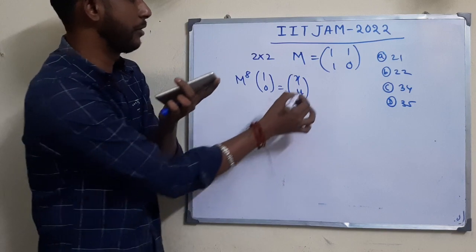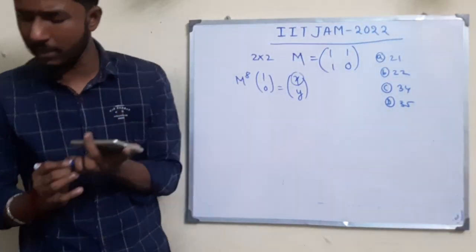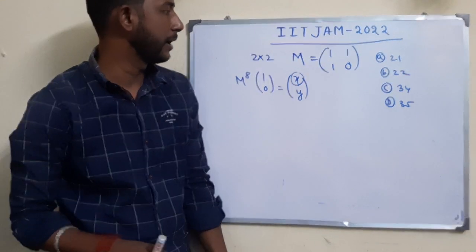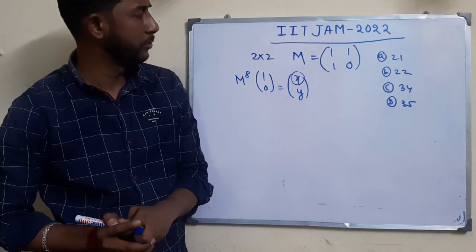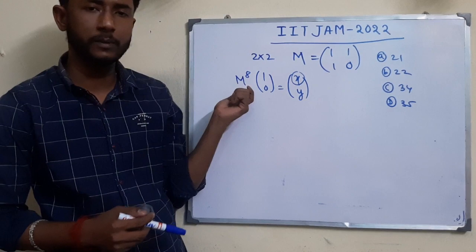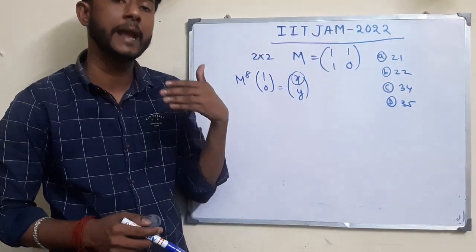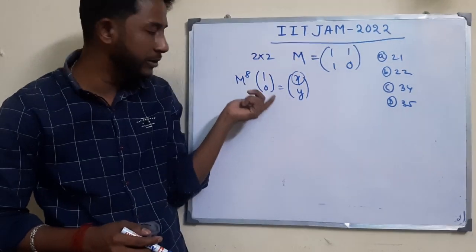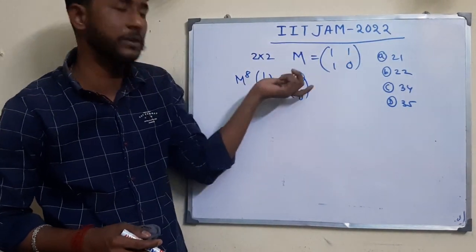So we have to find out the value of x. Now you can solve this question in various ways. Among these, first of all you can find out the value of M to the power 8 by multiplying M with M 8 times, then multiply that M to the power 8 with 1 0, this matrix, to find out the value of x.